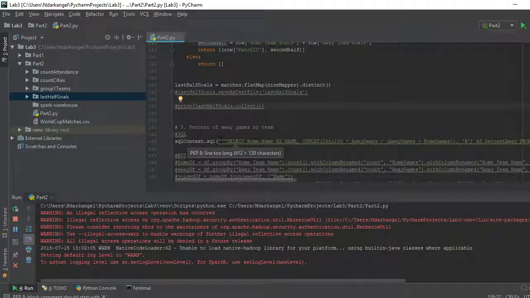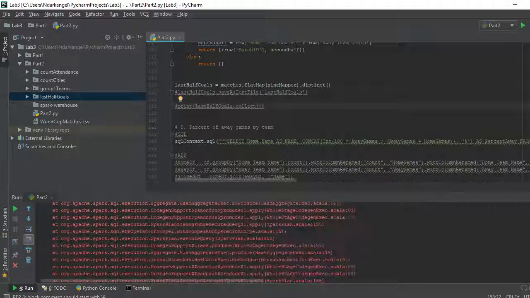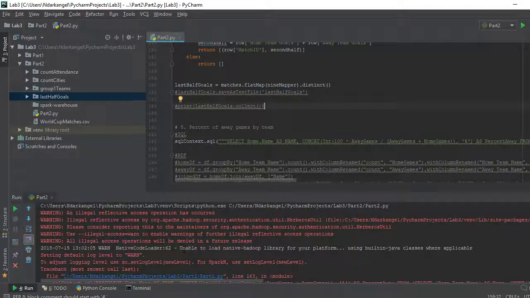It's too complex for it. You see here, it's showing a bunch of faults, but it's because there are too many things going on in there, so my processor cannot handle all of it.